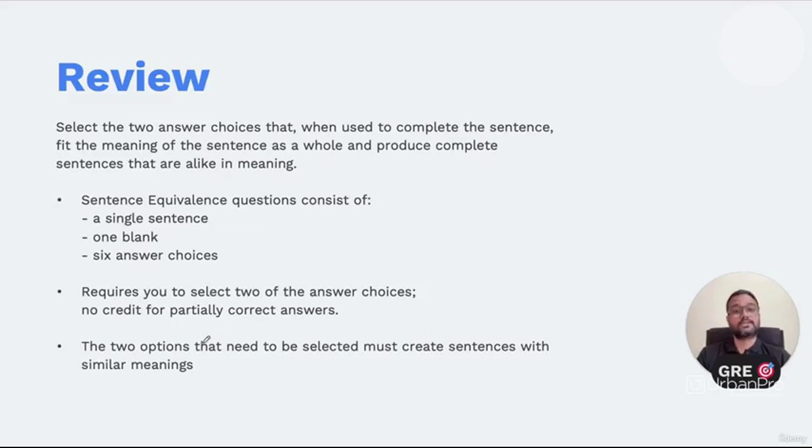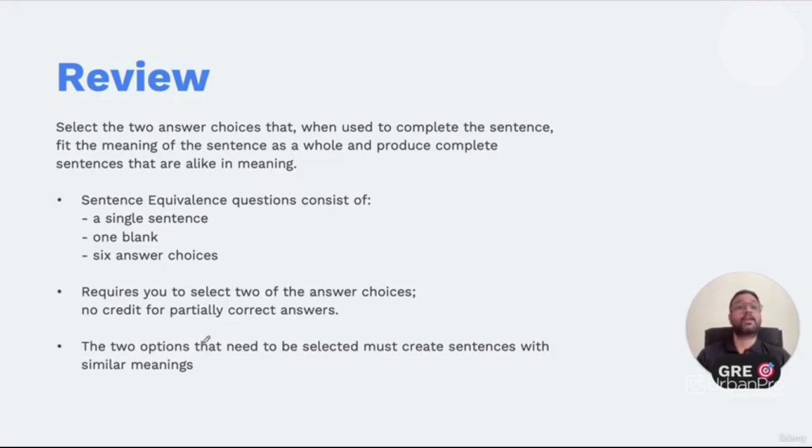The 2 options that you select need to create a similar sentence in context when applied to the blank. Meaning the 2 answer options need not be synonyms. So trying to learn synonyms from a dictionary may not be the right approach for these questions. Instead, you need to understand contextual meaning and how specific words interact with context to create a meaning.